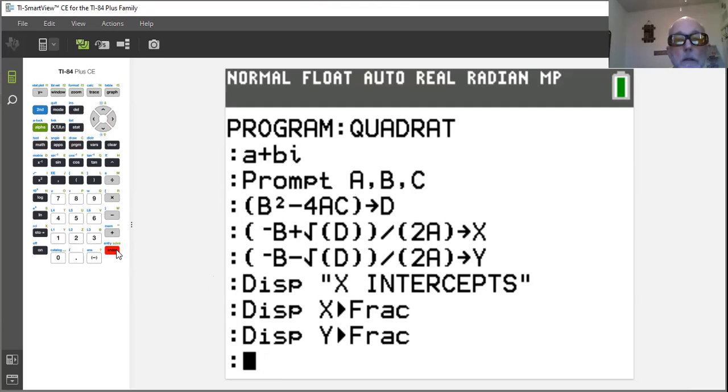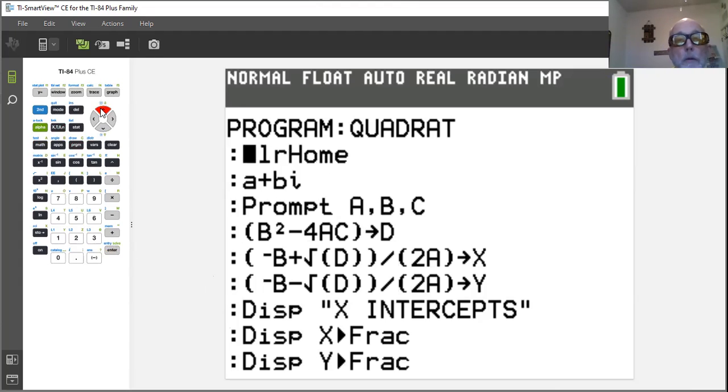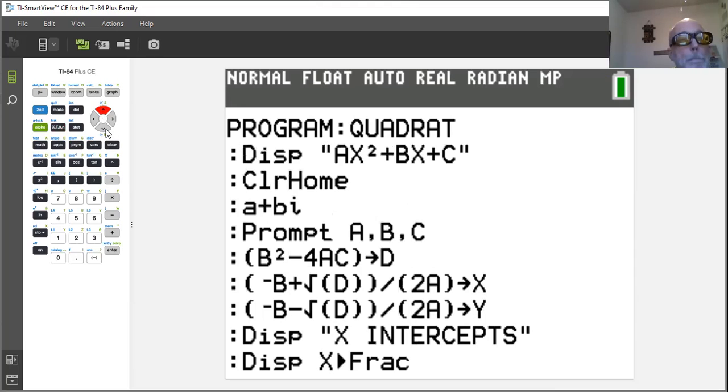Let's see. Well, let me look to make sure all the way up here. I'm going to insert a line, so I'm going to do second insert, which is the delete button, right? Insert a line.